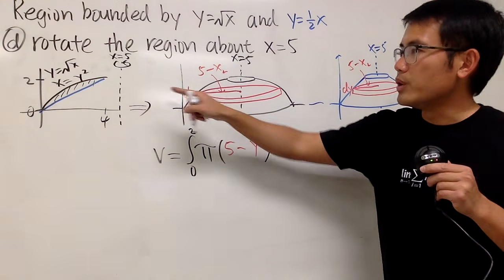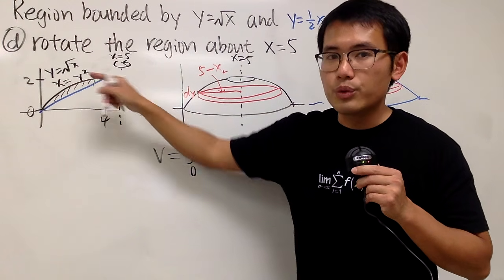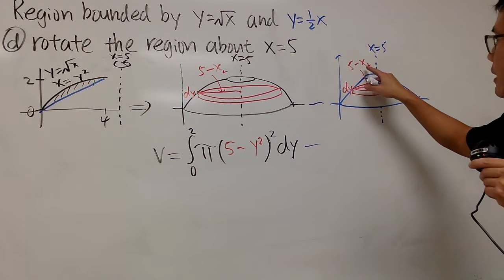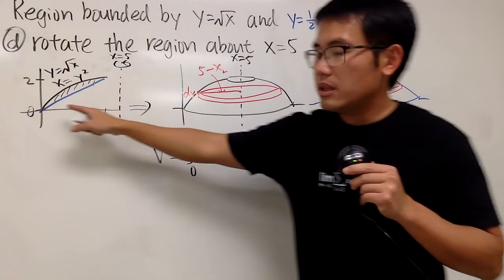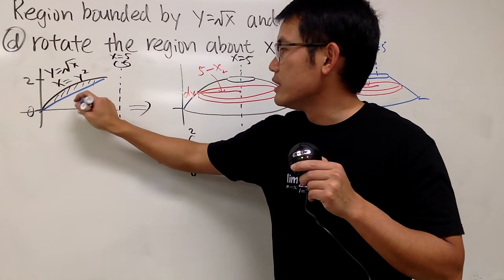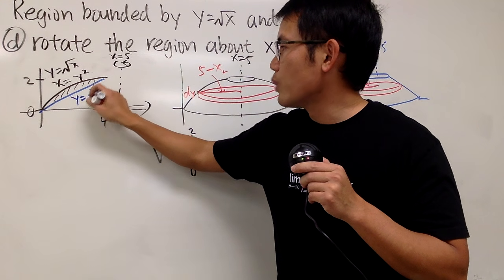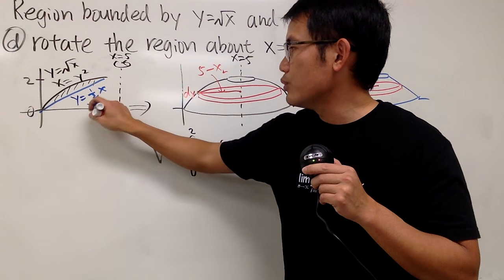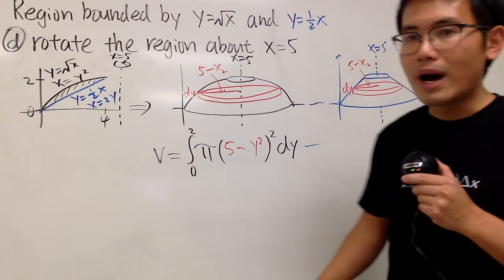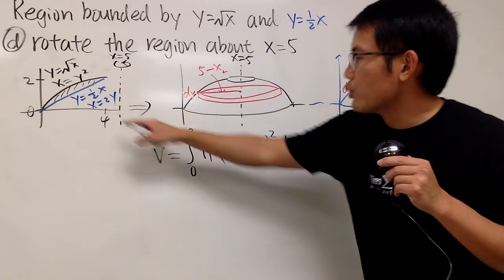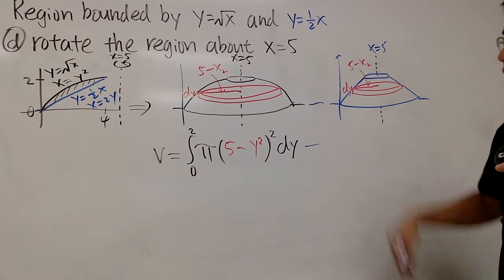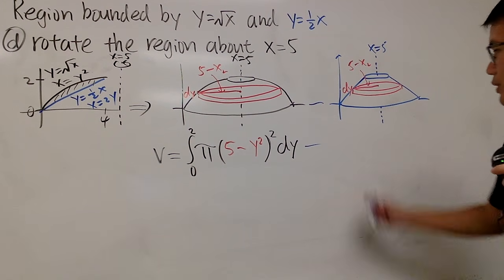But the equation that we used for that was x equals y squared. This time, the equation that we have to use is the blue one, which originally was y equals 1/2 x. So of course, multiply 2 on both sides, x is equal to 2y. So put the 2y right here for the x on the left in this situation. So let's go ahead.